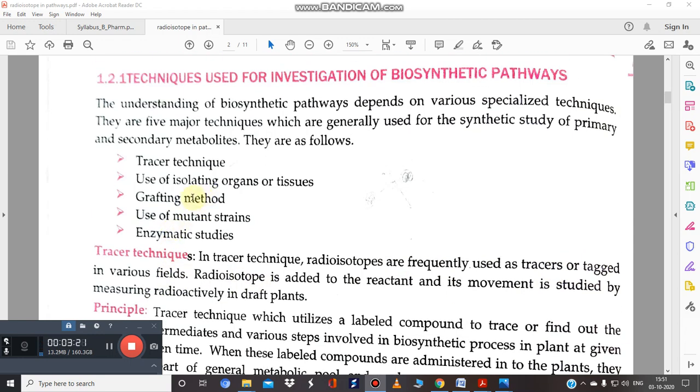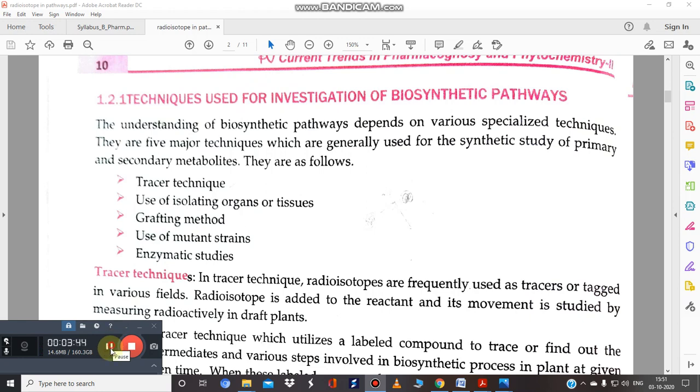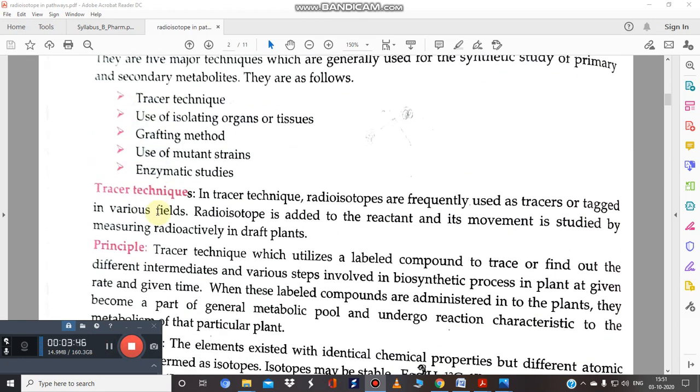That's why it is one of the important techniques used to monitor biosynthetic pathways. Secondly, we can also use different types of isolated organs or tissues. The grafting method is there. Use of mutant strains and enzymatic studies are there. Don't worry, you have to do only 2 to 3 methods out of these. That is more than sufficient for your examination. So let's start with the first method, the tracer technique.